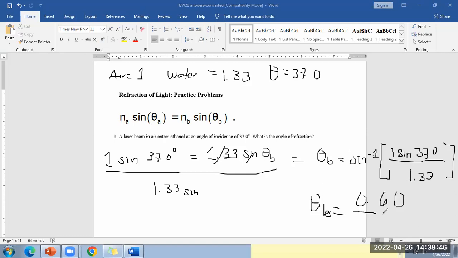Divide by 1.33. So 0.60 divided by 1.33 becomes 0.45.